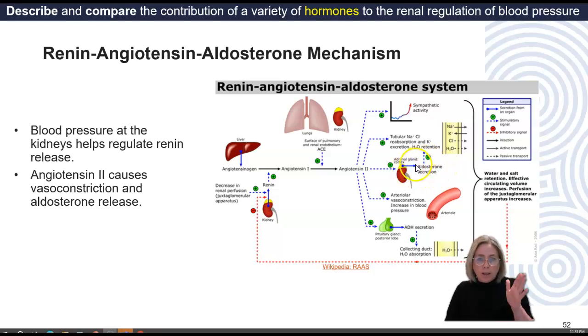And aldosterone then travels to the renal tubules again, where it acts on sodium reabsorption. So sodium is pulled back in from the filtrate back into the blood. That will cause more water to be retained, and therefore blood volume and blood pressure will be increased. Okay, and again, that's what you want, because your blood pressure had dropped, and that was the stimulus to begin with. So overall then we have water and salt retention.